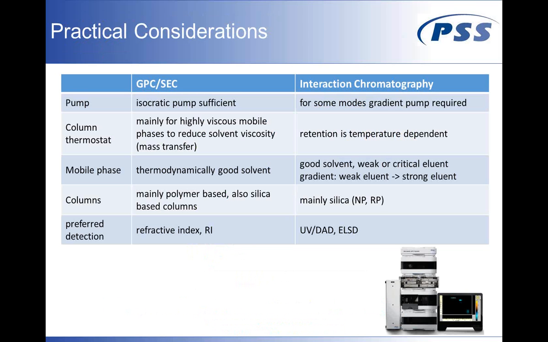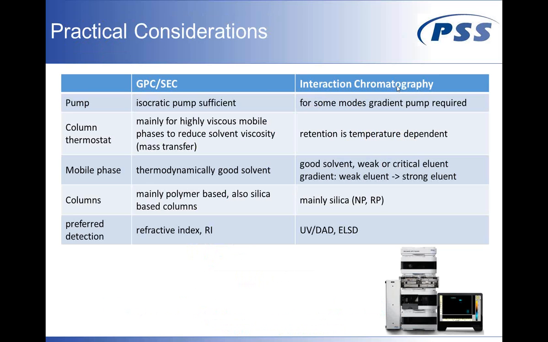Let us quickly talk a little bit about practical considerations. What is required to perform either critical conditions or gradient chromatography, the modes that we were talking about today? Well, if you look at GPC, you are happy, you need just an isocratic pump, and that's sufficient.